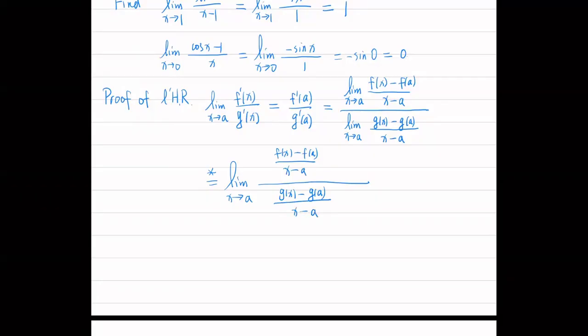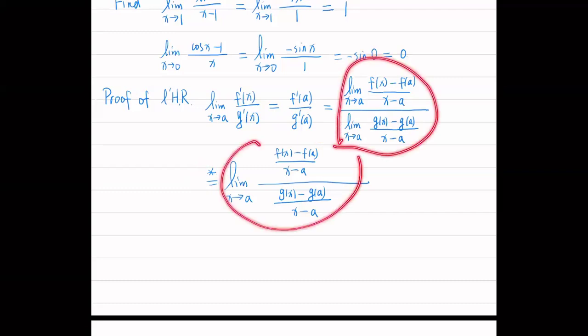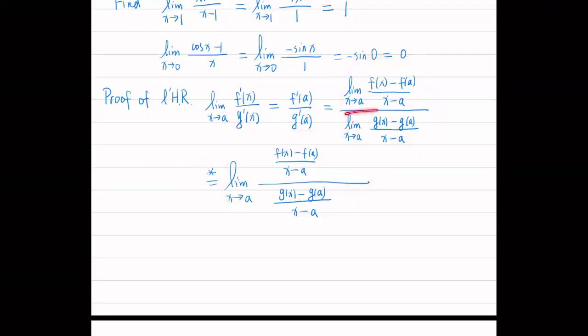Okay, very important. Let me put a star over there. Sakina, Zichen, and Sophia, this step is not trivial. Be very careful about this step. What's the difference between these two? Yes, that's the very big difference.